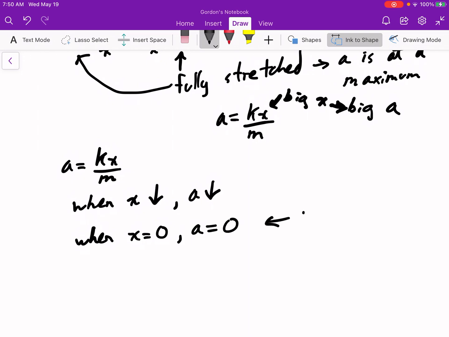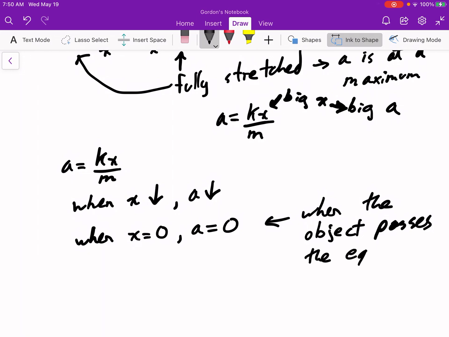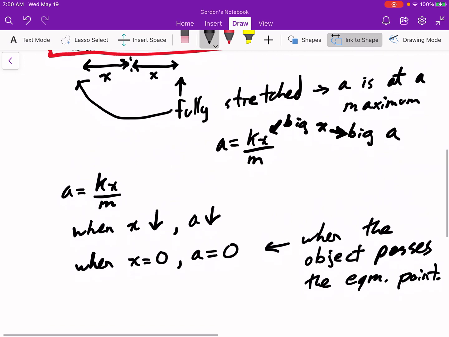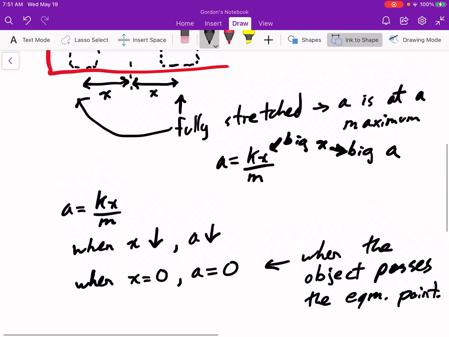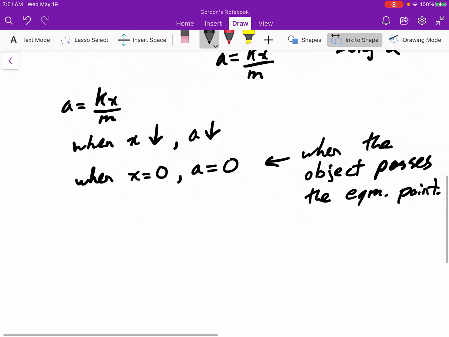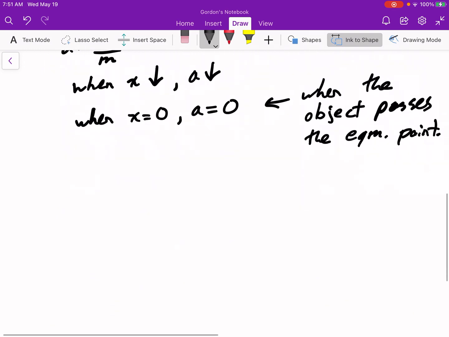So this is when the object passes the equilibrium point. The acceleration is actually 0 at that point, before it starts to accelerate back in the other direction as it moves across. So it's important to remember these 2 points: the acceleration is at a maximum when it's fully stretched, and it's 0 when it's right at the equilibrium point.